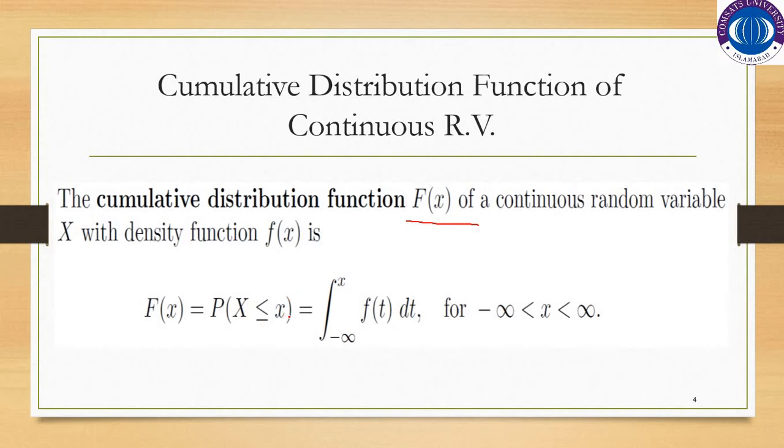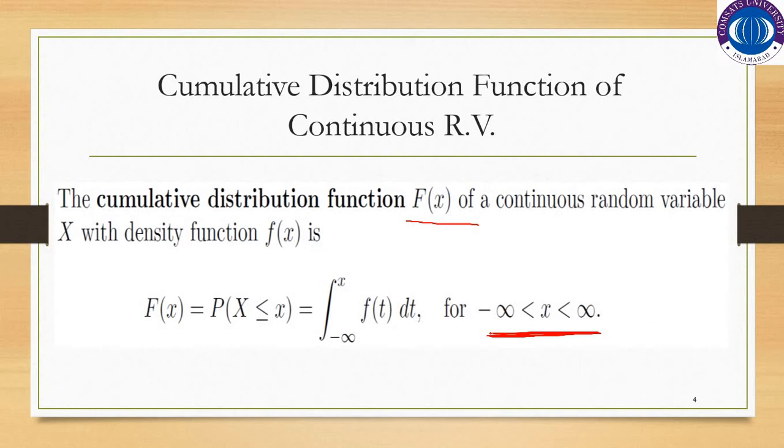The small x is the particular value till which you want to find the probability, and it is equal to the integral from minus infinity to x of f of t dt. You are integrating the function, and minus infinity to infinity is the limit of your random variable. Your function is defined only on this limit.